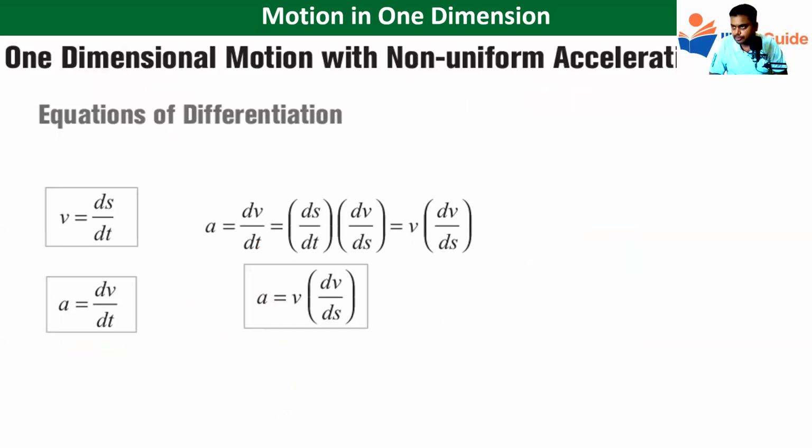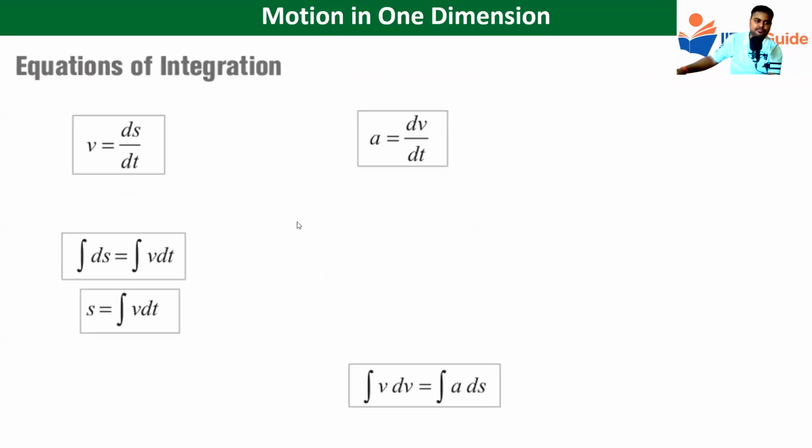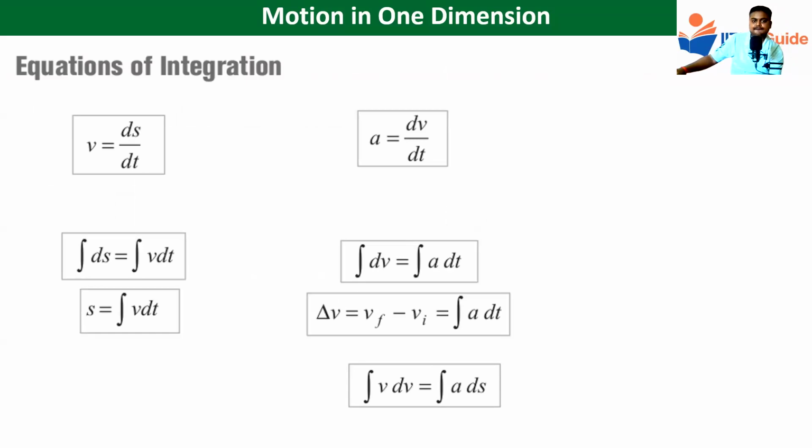One-dimensional motion with non-uniform acceleration. Here we will be requiring calculus. So velocity is ds by dt, acceleration is dv by dt, and acceleration is also equal to v dv by ds. These are the equations of differentiation, and we must remember all of them. v equals ds by dt, a equals dv by dt. ds is equal to integration of v dt, therefore s is equal to the integration of v dt.